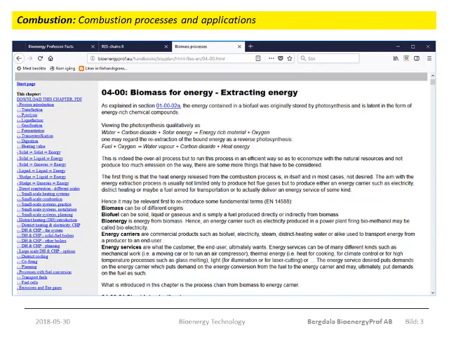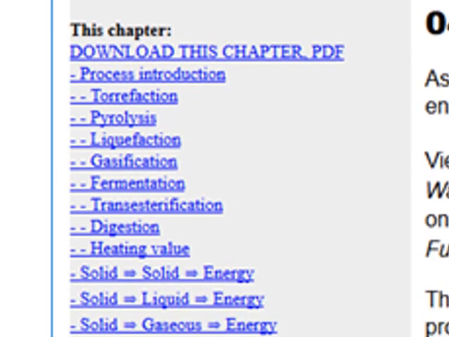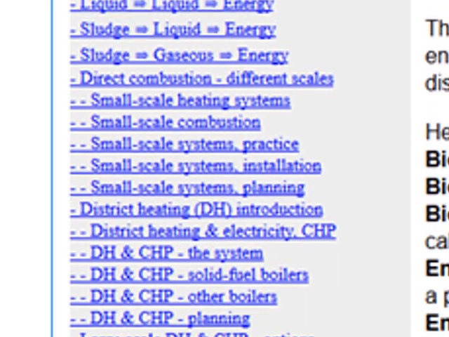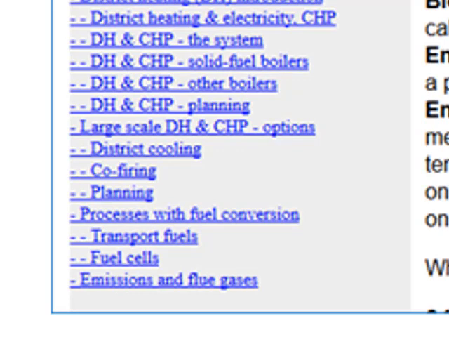Looking at the contents of this chapter, you will see that about 2/3 of it are about how the energy can be extracted from different types of fuels and about different types of plants. So the next nugget will concentrate on combustion temperature, and then we will look at different types of processes.